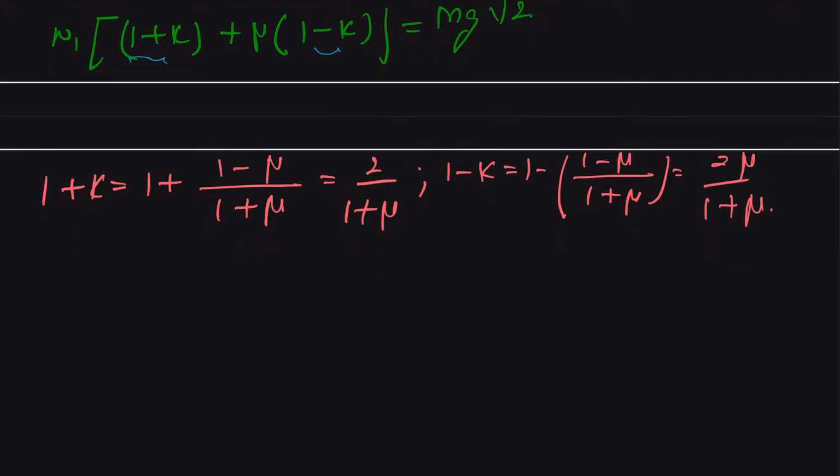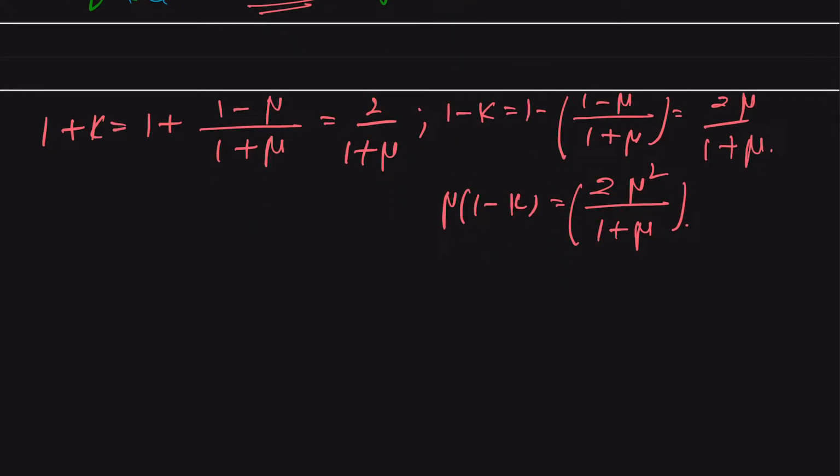And then we require it multiplied by mu. So mu times (1 minus k) will be equal to 2 mu square upon 1 plus mu.